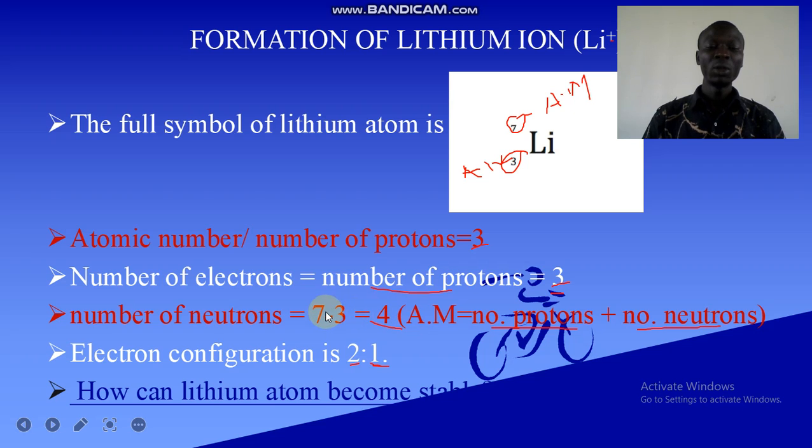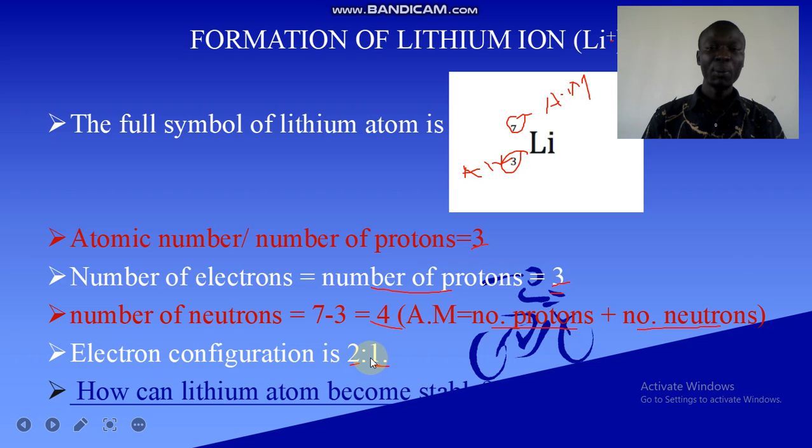And the neutron number is 7, which is the atomic mass, minus 3, which is the number of protons, to have 4. Then the electron configuration from this is 2, 1. And we said this atom is not stable, and it becomes stable by losing this 1 electron.